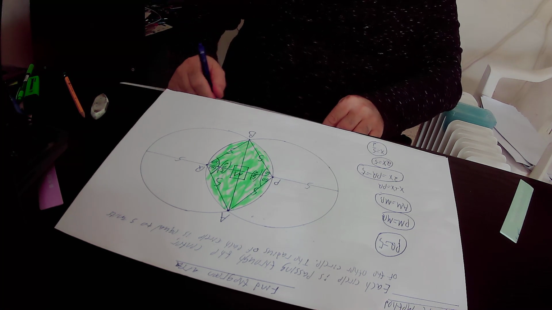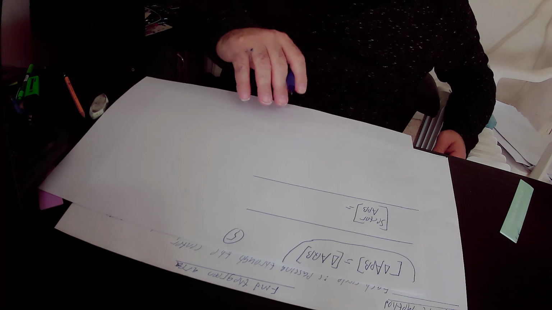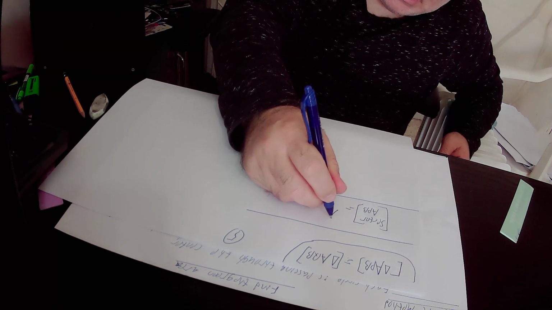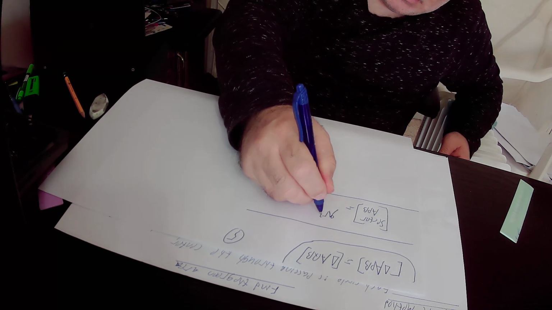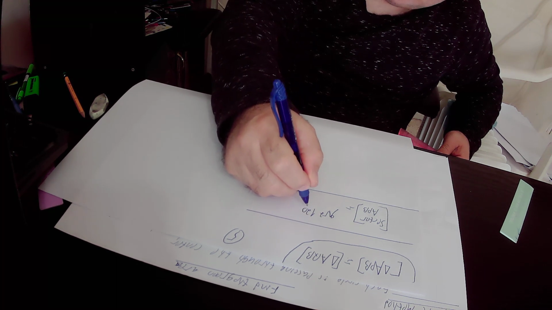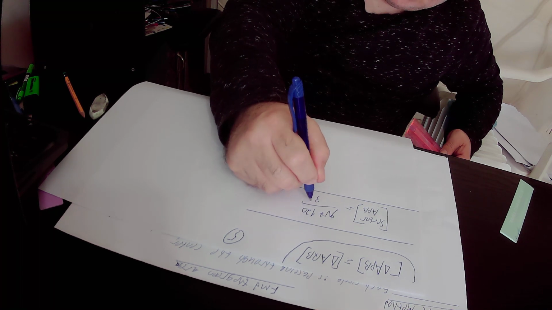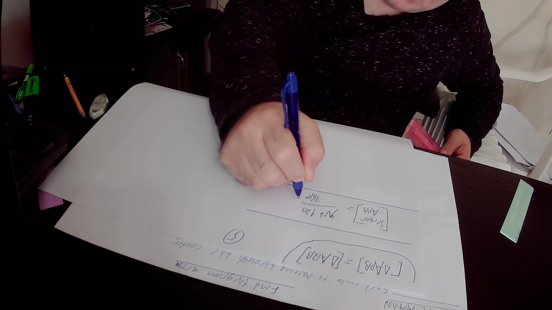So in conclusion, we found out that the area of sector APB equals pi r squared times 120 degrees, that is 60 plus 60, over 360 degrees.